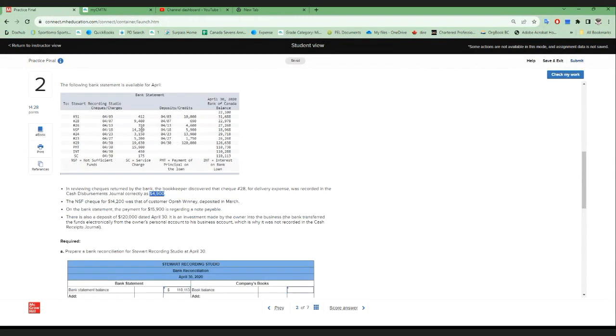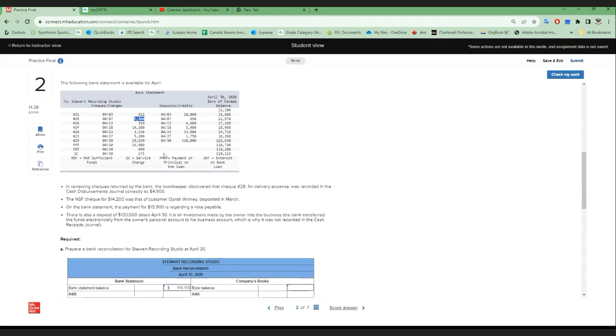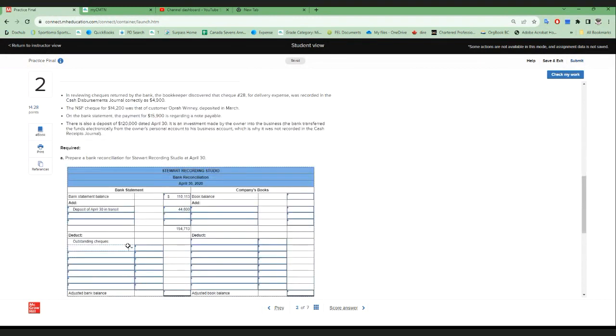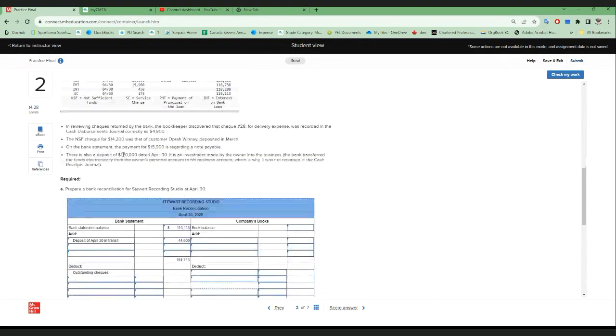Okay, so I would add that to this side of it. McGraw Connect might want you to add it to this side since it's a bank error. I'm going to add it to this side. If it's wrong, that's all good. What will happen is I will just override it as well because you get the right answer regardless. Add that here for now.